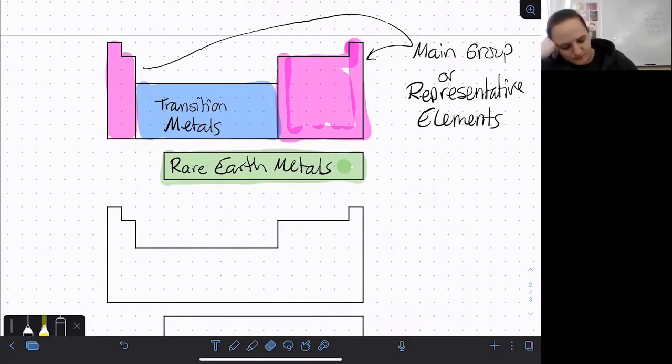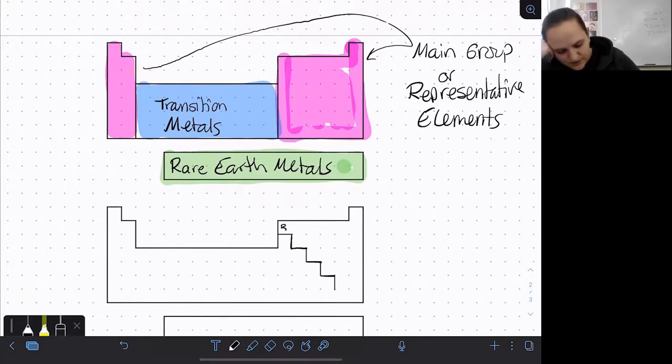So there is this diagonal line, sometimes referred to as a staircase because it's a zigzaggy situation, that goes down the periodic table right about here or so.